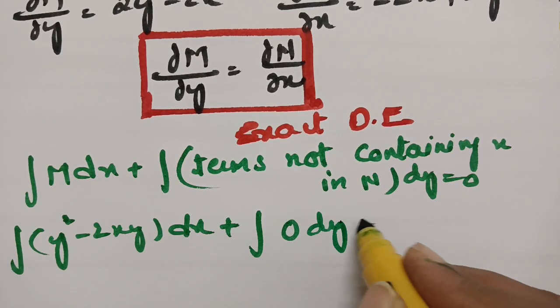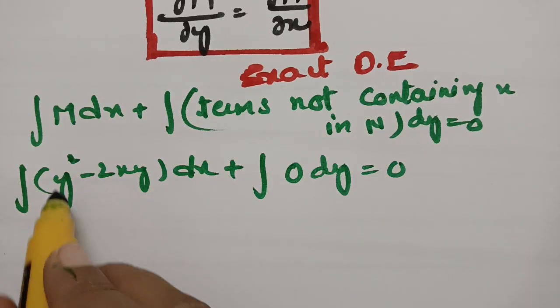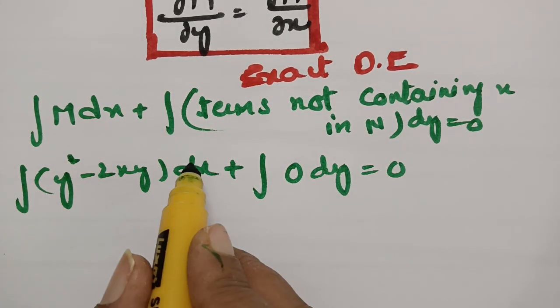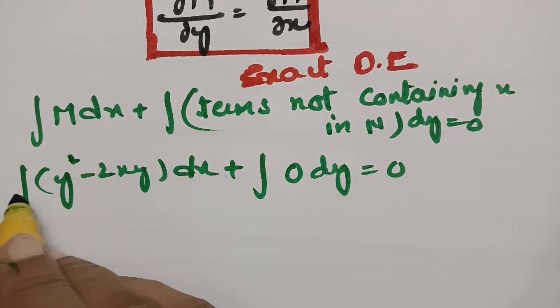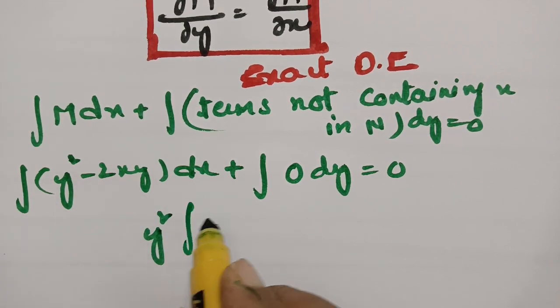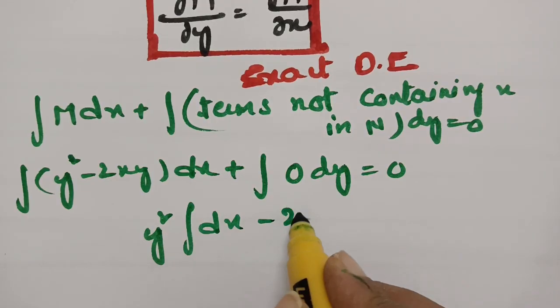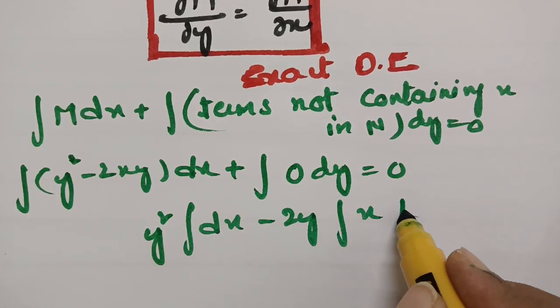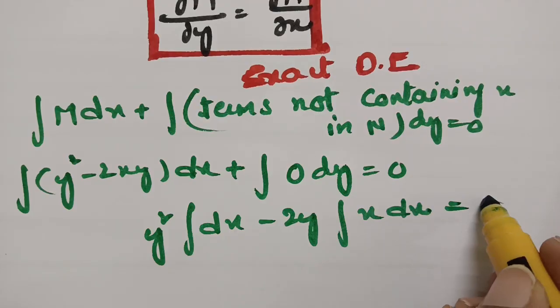And therefore this is 0 dy is equal to c. Integration with respect to x: y square will be constant and this will be integral dx, minus 2y is constant, integral x dx, which is equal to 0.